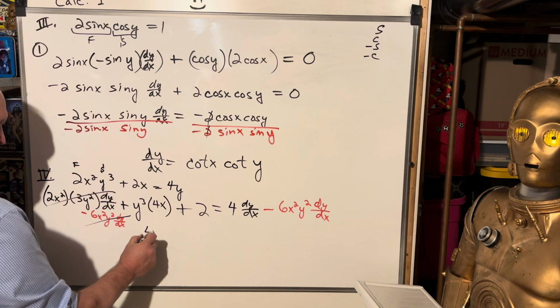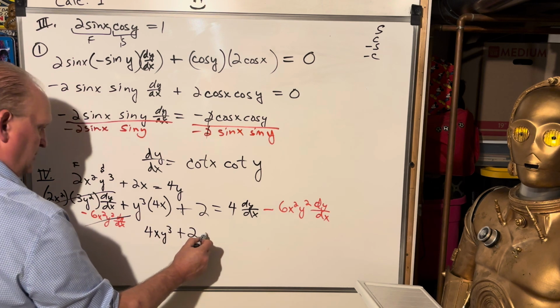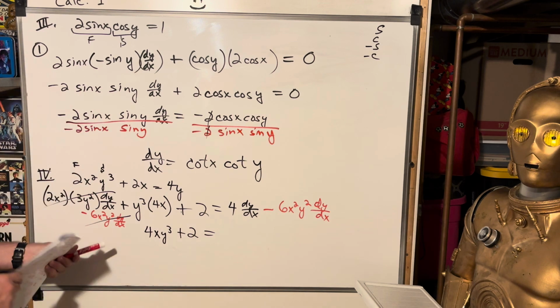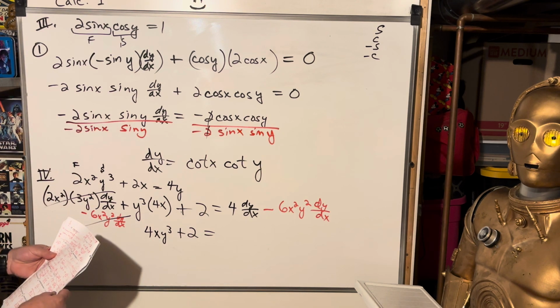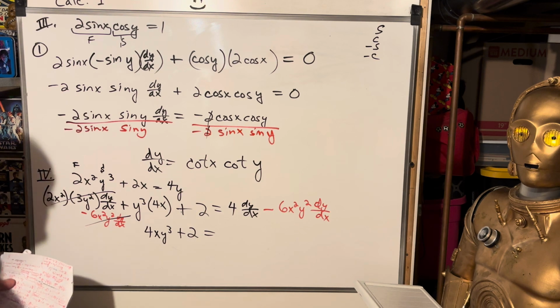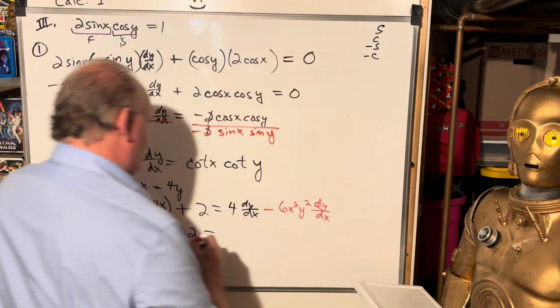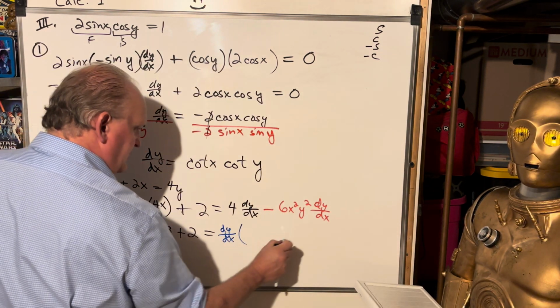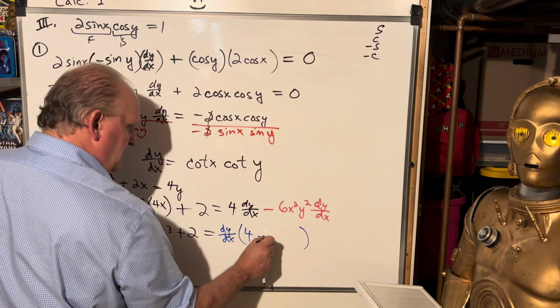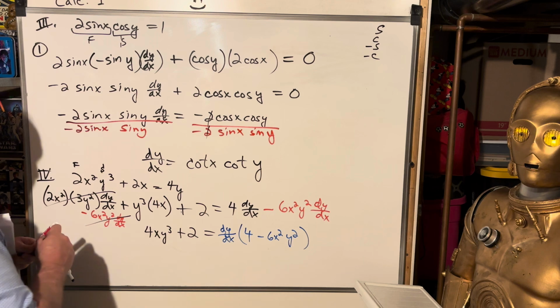This is 4xy cubed plus 2 equals, now with that, factor out our dy dx, the opposite of the distributive property, and then divide both sides.